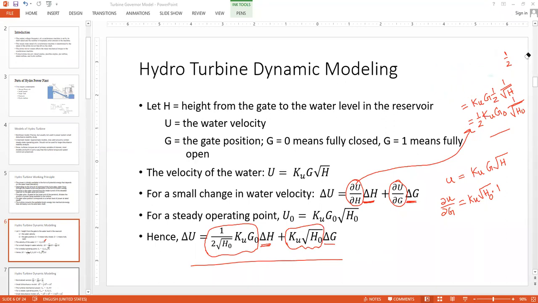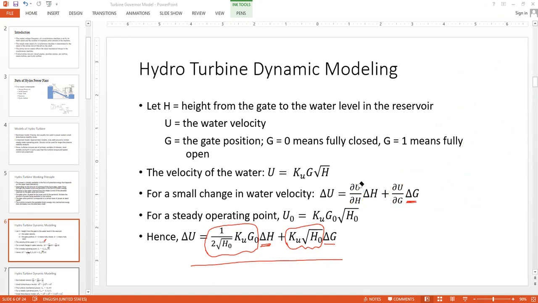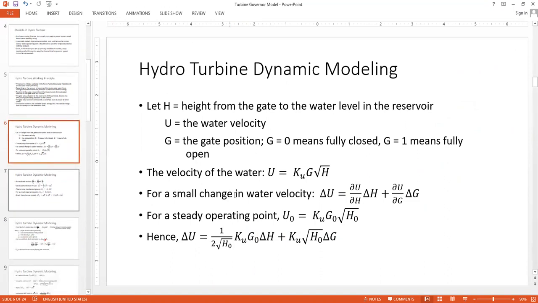So once you have got the expression for del U, now remember, all these are still in their actual variables. Okay, actual variables. We haven't per-unitized or scaled it. We haven't done anything. These are some actual quantities. This velocity is in, let's say, meters per second.